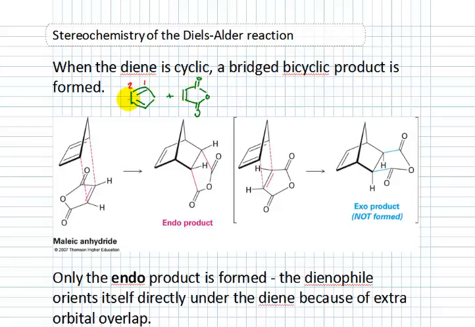If I number this 1, 2, 3, 4 across the diene, just those 4 diene carbons are what you number, and then 5 and 6, the double bond carbons of the dienophile, we're going to form a 6-membered ring.